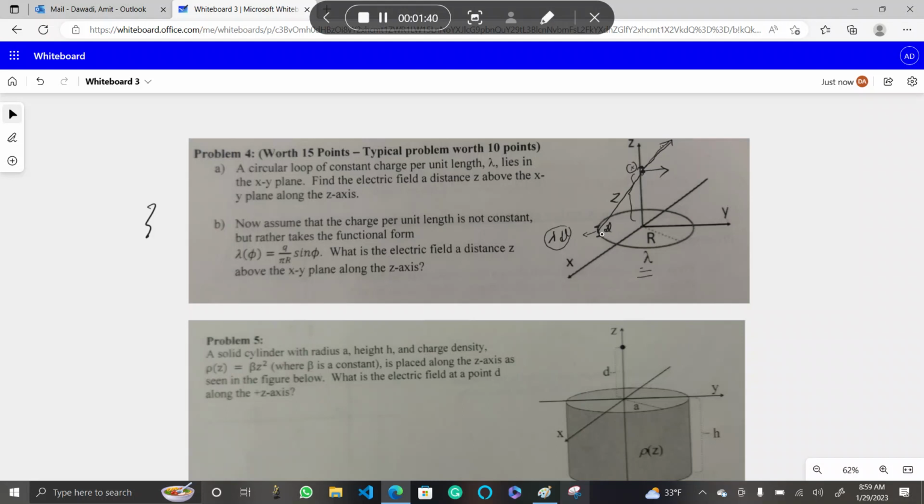But if we take the electric field because of the whole loop, this component will be cancelled because of the symmetry. Let me explain this by supposing this small element dl here again, with charge lambda dl, just opposite to this one, 180 degrees opposite.